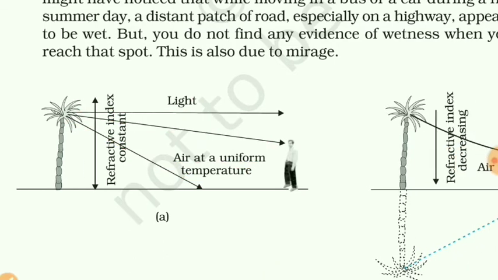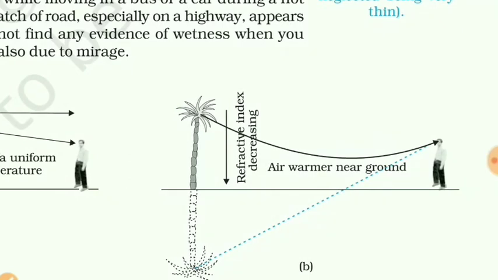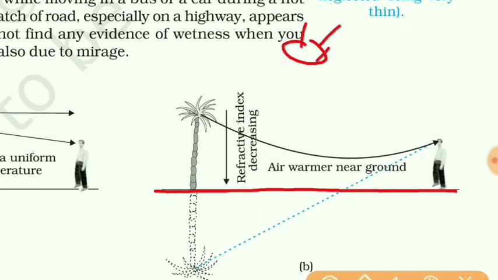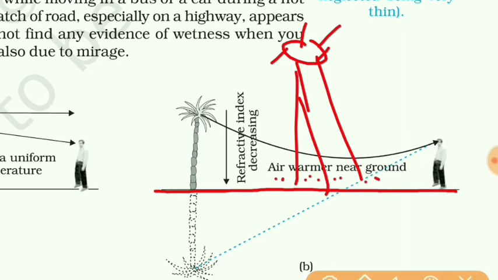But what happens during summer time? We know that in summer the ground or the surface gets heated due to sun rays, and when the surface gets heated, the air in contact with the surface also gets heated.